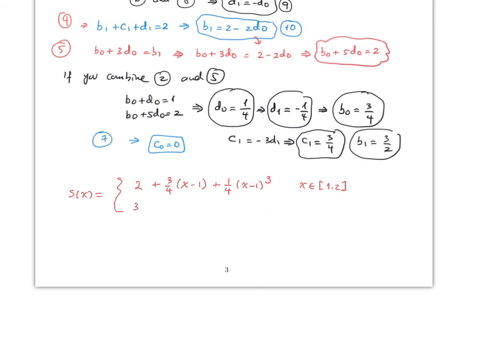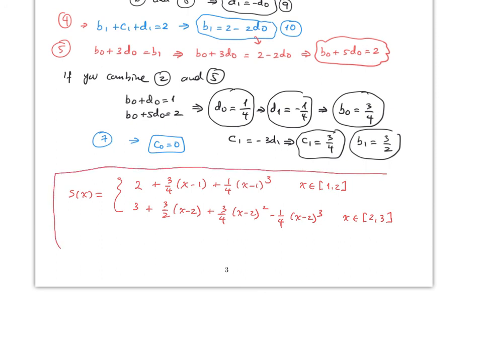And then this one will be 3 plus 3/2 (x minus 2) plus 3/4 (x minus 2) squared minus 1/4 (x minus 2) cubed, when x is between 2 and 3. And that's it. Again, this is not hard, just pretty messy and you have to keep track of all the equations.